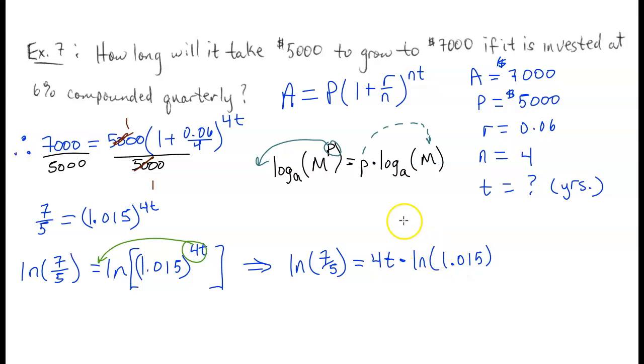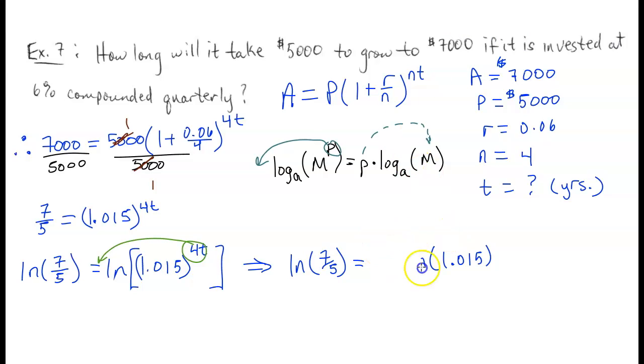Now I'm going to rewrite this, since all of this is multiplied times each other. What I could have done here to make life easier is just to bring down the t and leave the 4 up there, okay? Traditionally, you don't see it, but we could have actually done that.